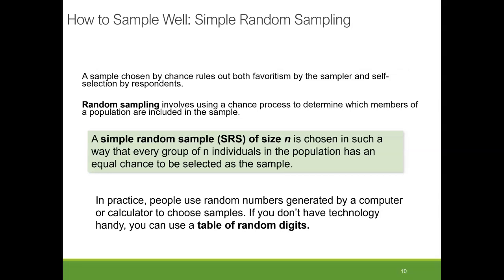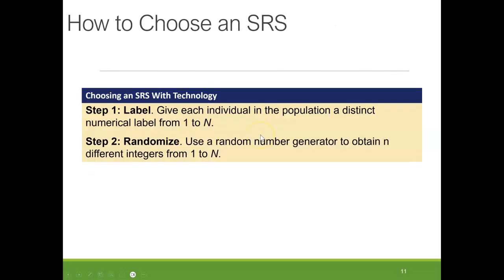To do that random sampling, often you can use a random number generator or something like that. It could be the same thing as pulling names from a hat. That'd be a big hat if you're talking about millions of individuals.